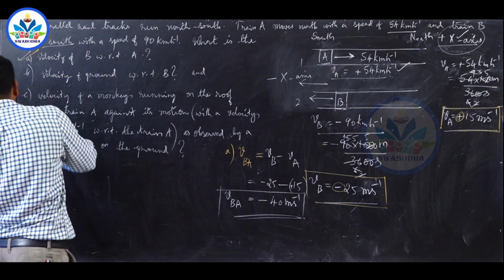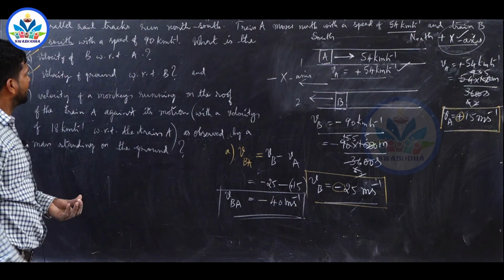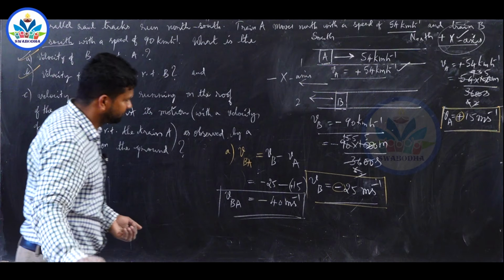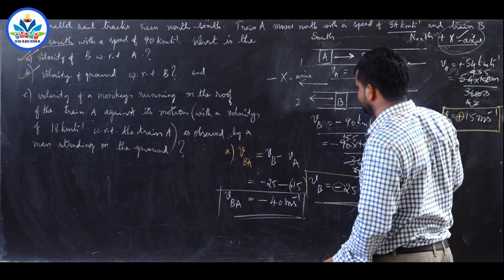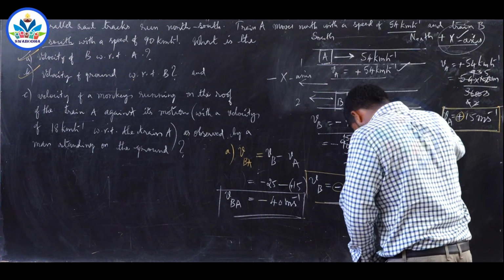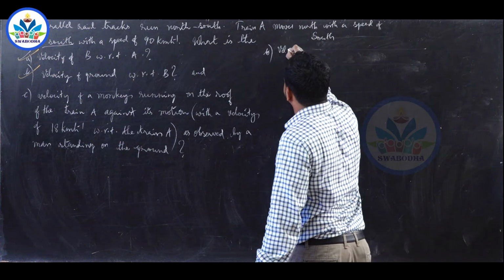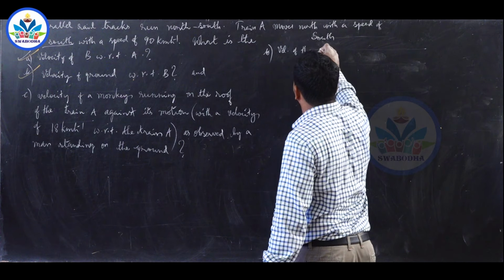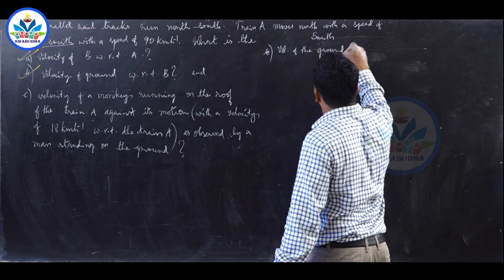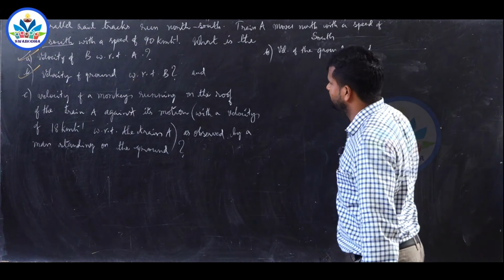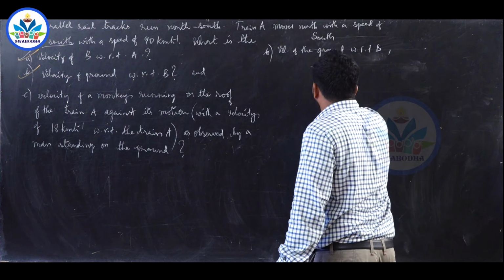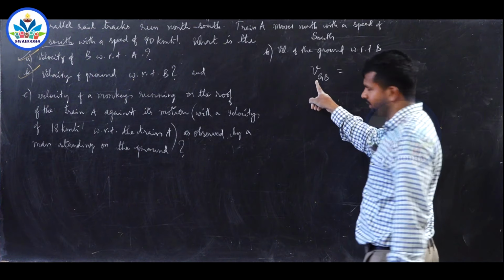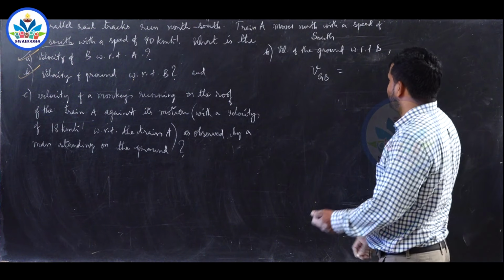Next, second part: velocity of the ground with respect to B. That is VGB, velocity of ground, let it be VG.